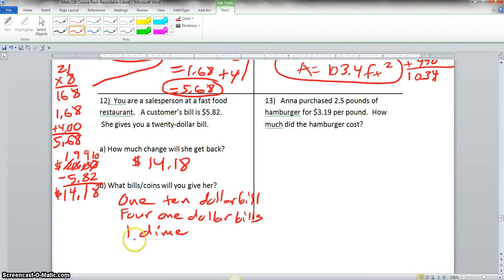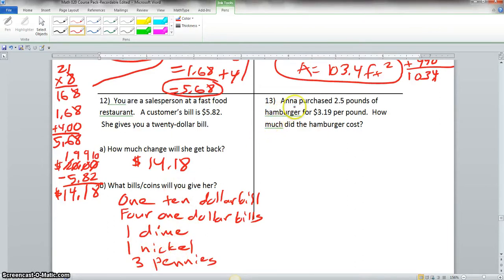And then 1 nickel. And 3 pennies. And this is the change you would give back. Okay, now let's add it up. This one $10 bill, that's 10. 4 $1 bills, that's $14. 1 dime, 1 nickel, that's 15 cents, plus the 3 pennies, that makes 18 cents.